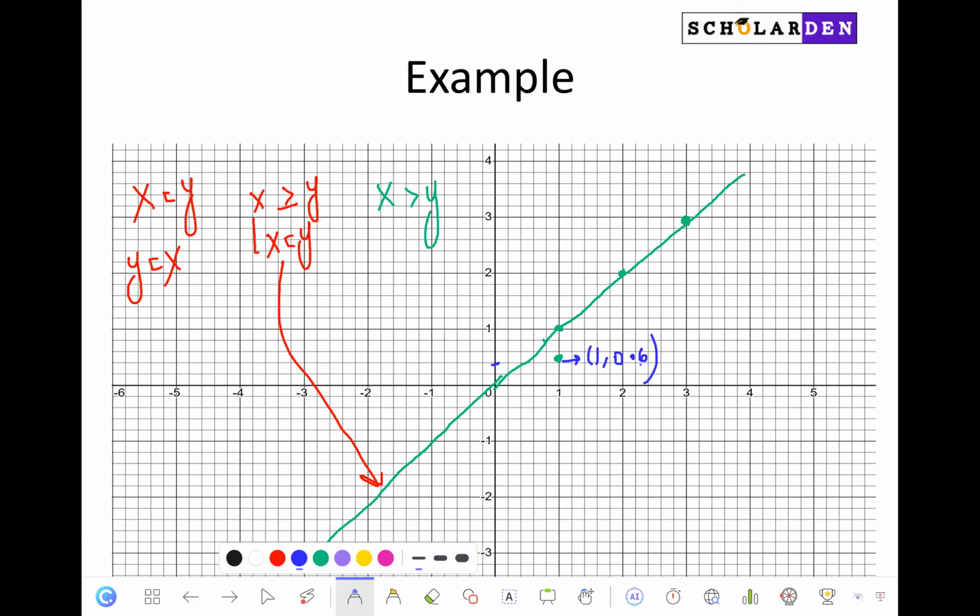Or this is 0.4, in fact, 0.4, 0.6, 0.8, and 1. So this is a valid option. Why? Because x is greater than y. If we take a look at this point right over here, x is going to be 2 and y is going to be 1.8. So again, this is also a valid point.